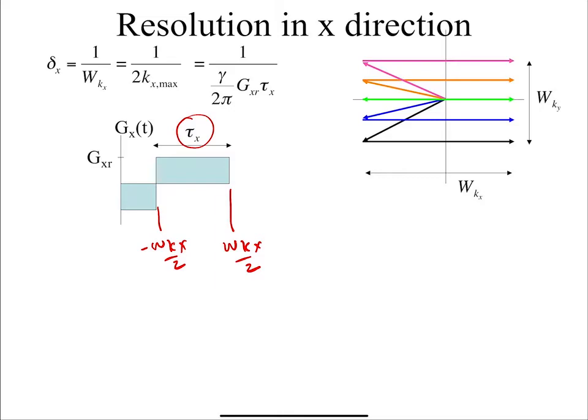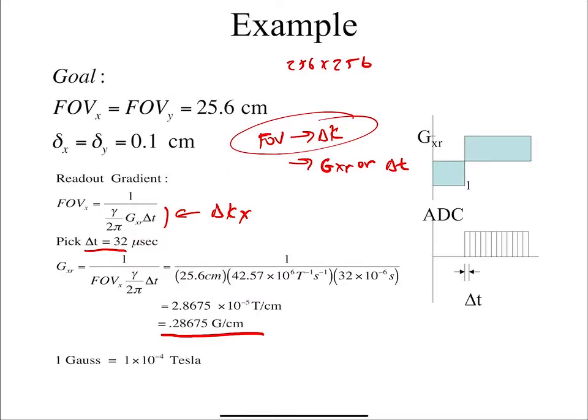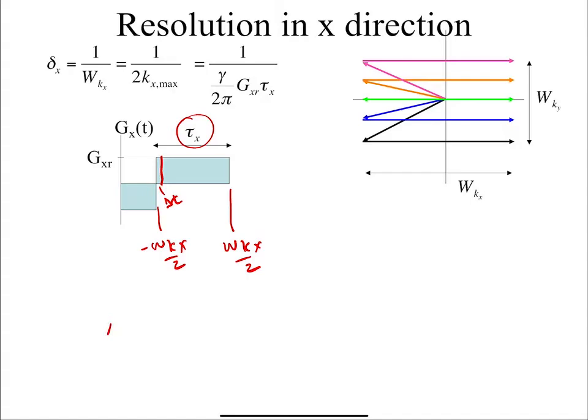I know that I'm sampling at delta t, and delta t is equal to, what was it, 32 microseconds. If I want to cover k-space, and given what I know about my image, how many samples should I acquire in k-space?